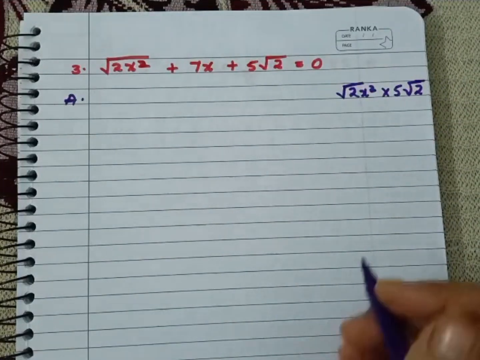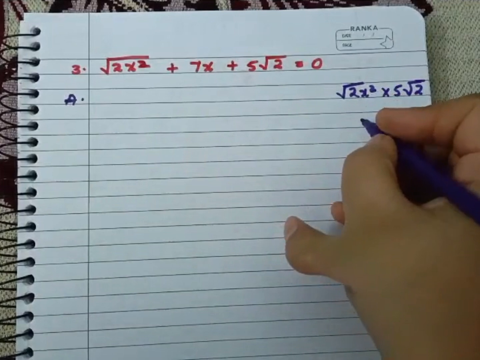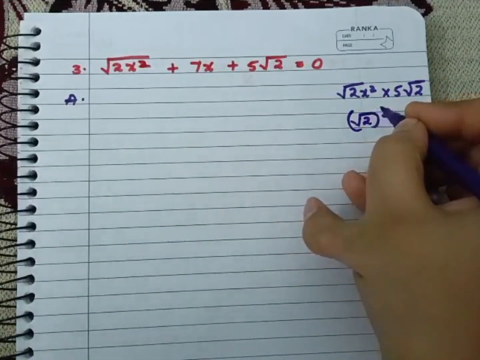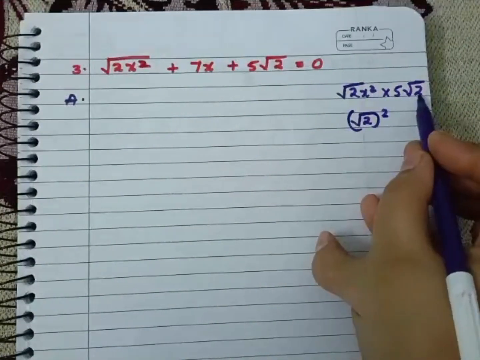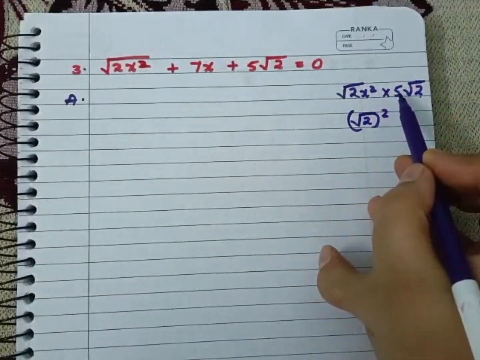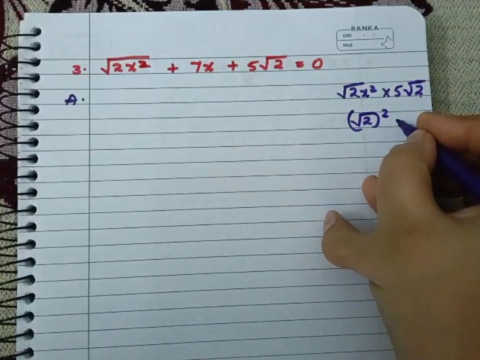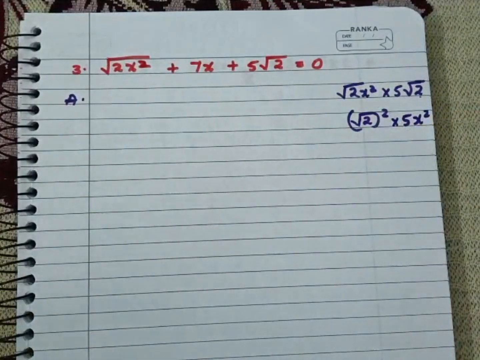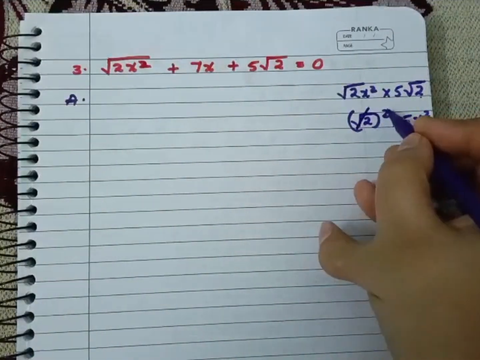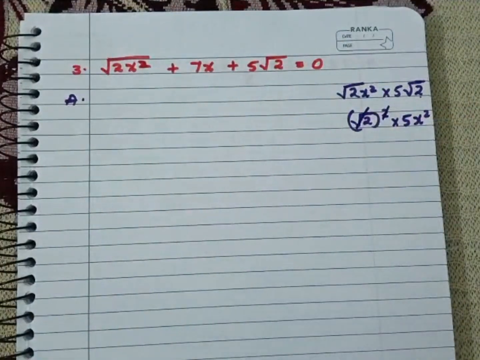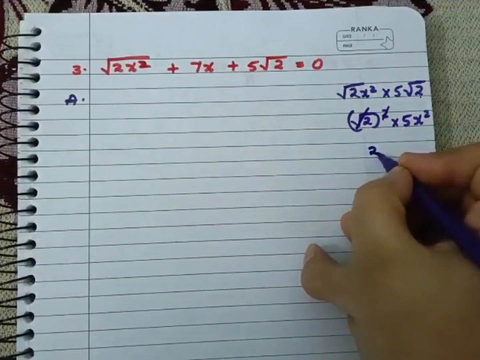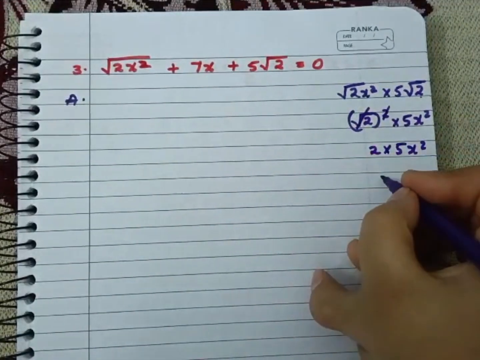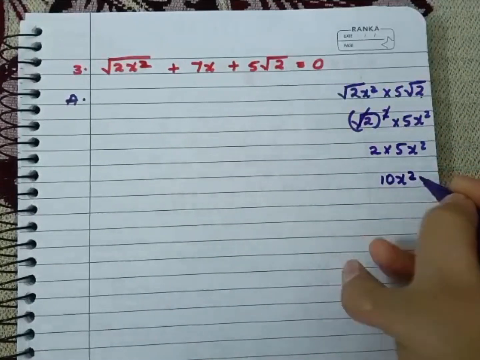Here we have root 2, so I'm going to do root 2 whole square, because we have two roots. Now x square into 5 becomes 5x square. Now this root 2 and root 2 I'm going to cancel, and 2 into 5x square becomes 2 5s are 10 and x square.